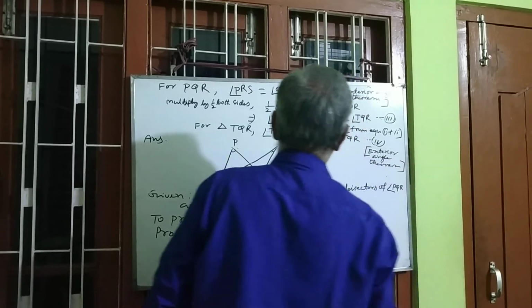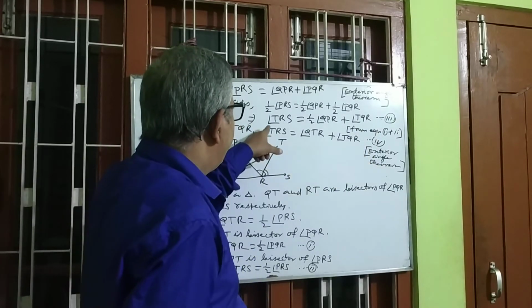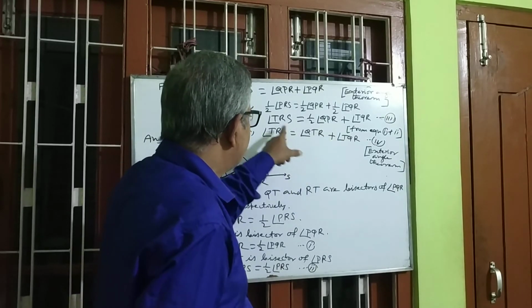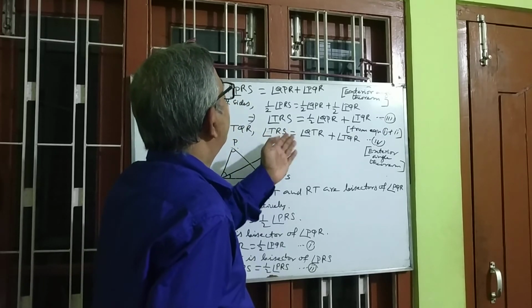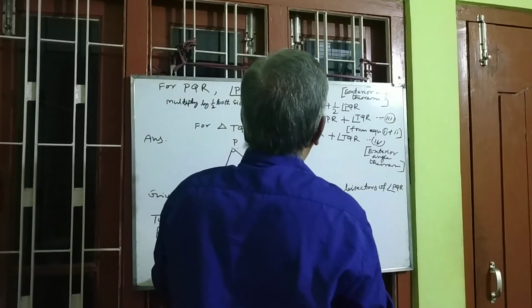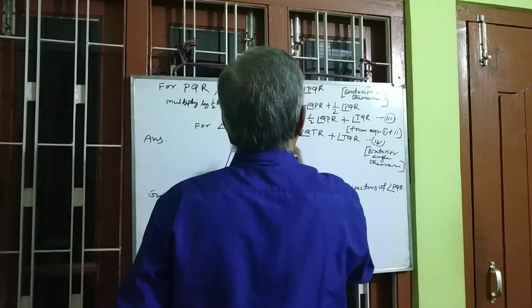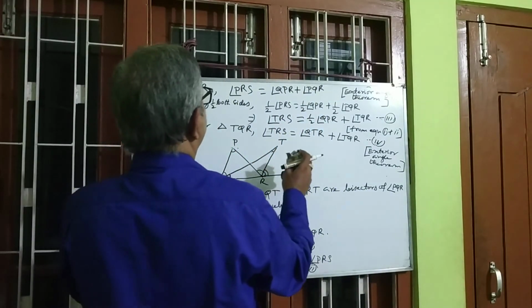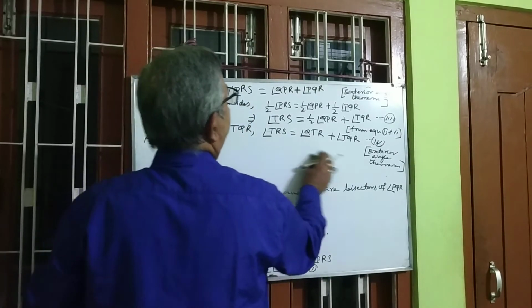My dear students, you see, compare equation 3 and equation 4. Here the left hand side is TRS, and here also you are getting TRS. In both the equations, the left hand sides are equal. Therefore, the right hand sides must also be equal.